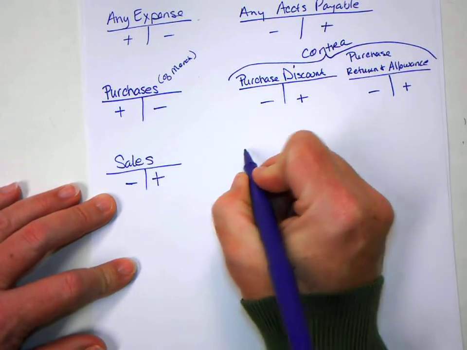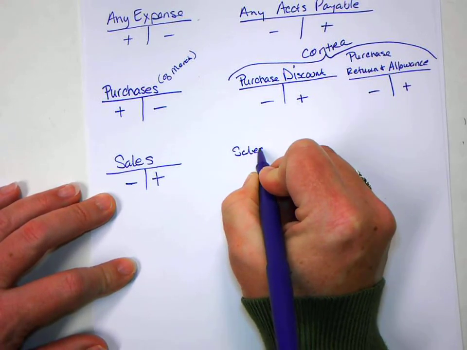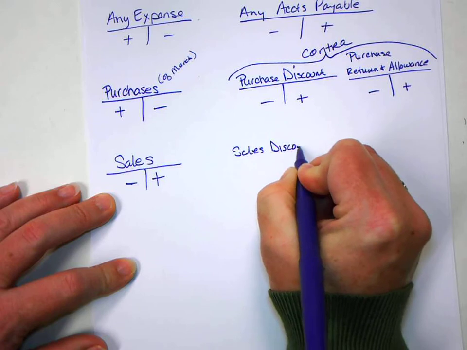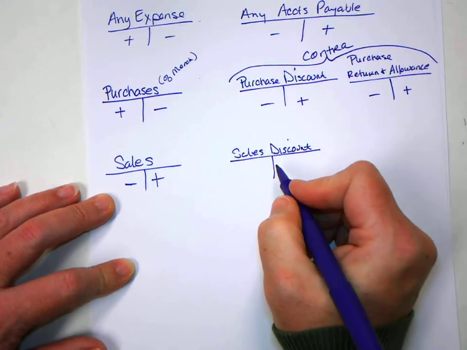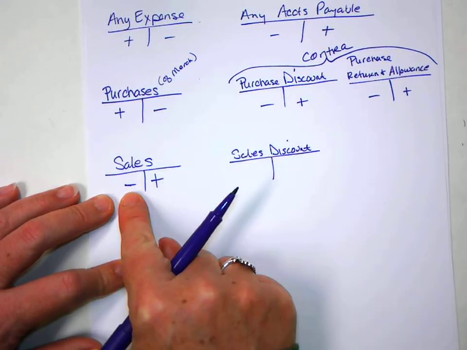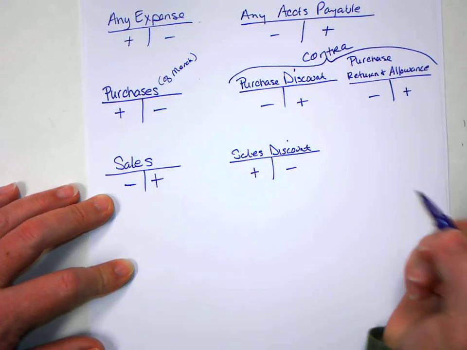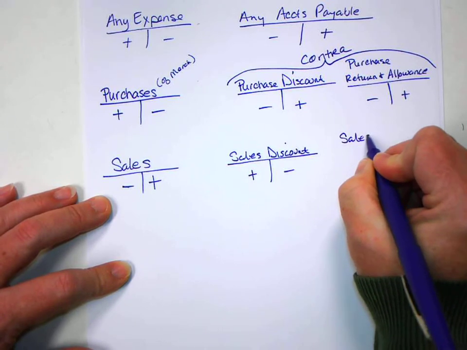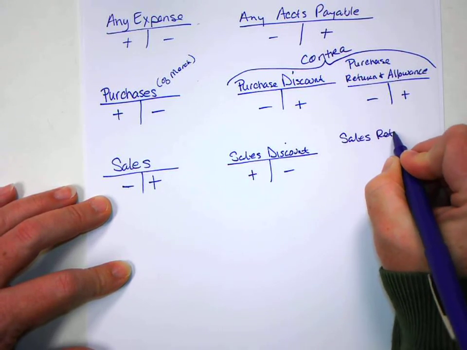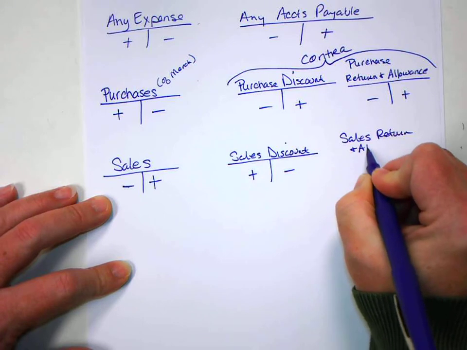Okay? And then again, we're going to have sales discount, okay, which will be, again, a contra account, so it'll be opposite of our normal account. And we'll have a sales return and allowance account.